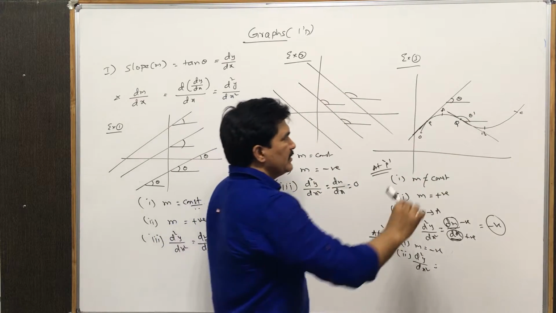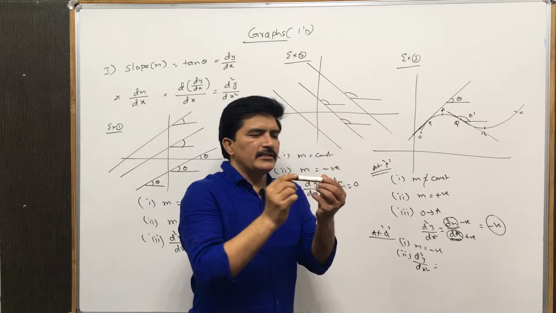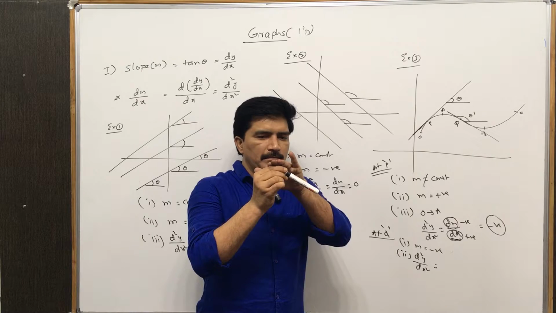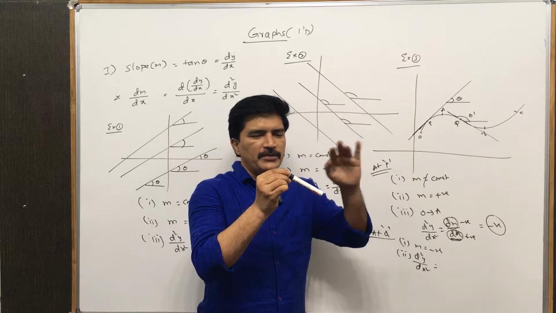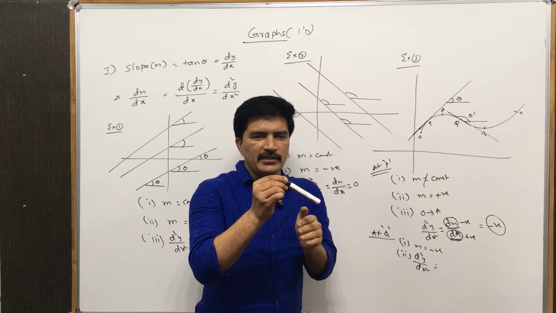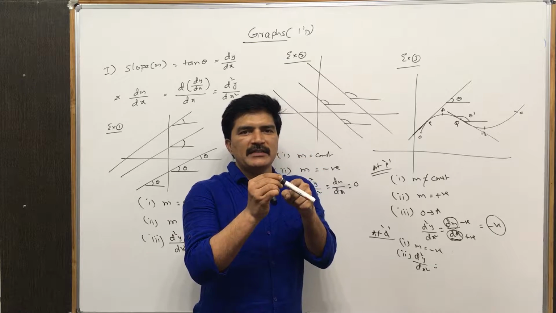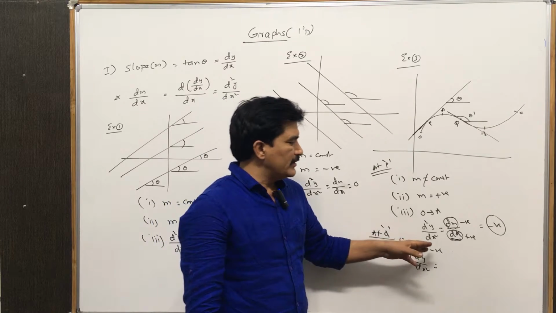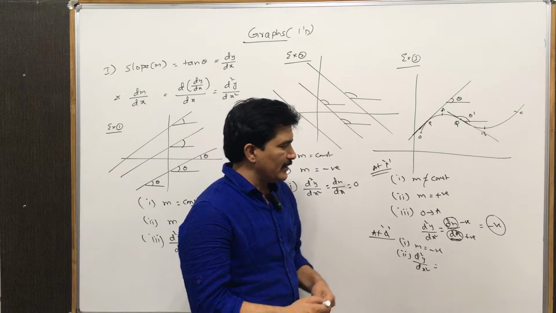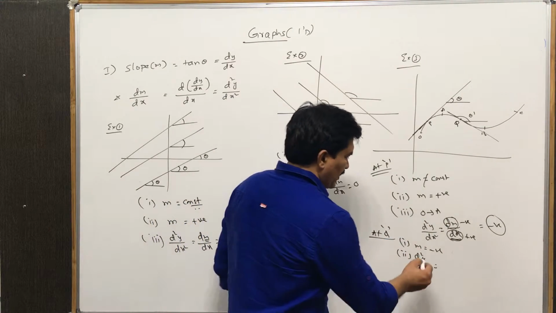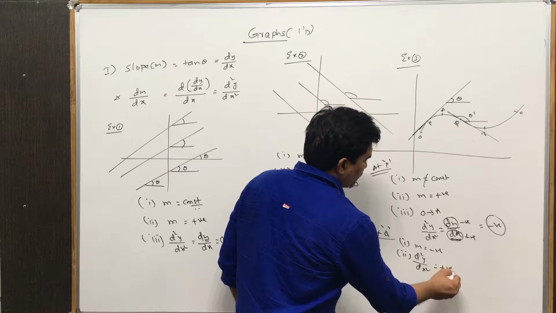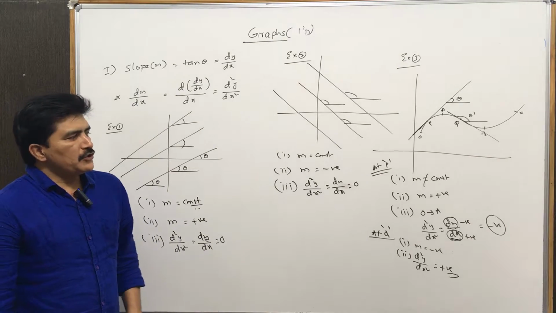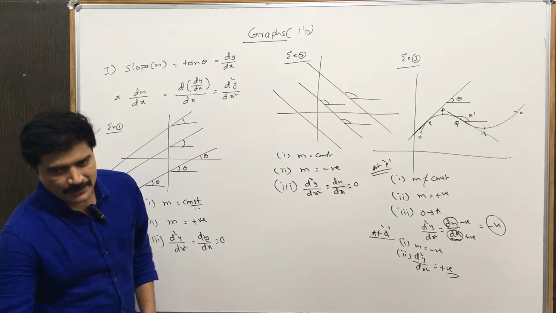It is moving away from the horizontal, which means the angle with the positive x axis is increasing, indicating that tan theta is increasing, so slope is increasing, which means dm is positive, hence d square y by dx square comes out to be positive. So these are the points to be remembered regarding the term slope.